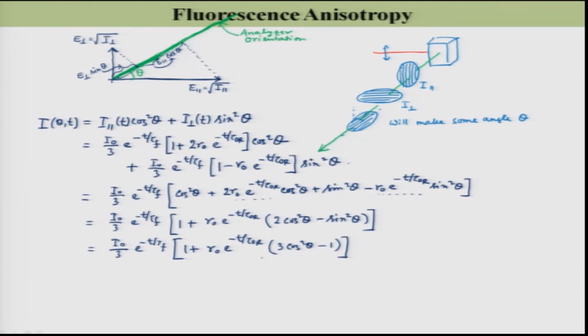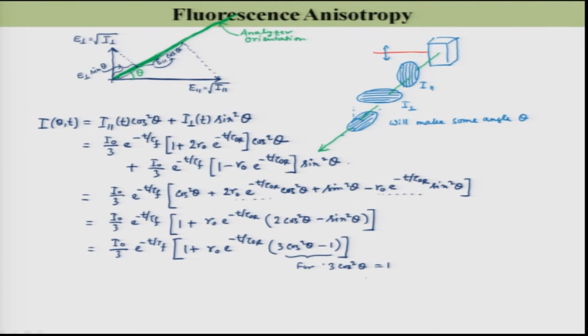Now you see, for a certain value of theta, this 3 cosine square theta minus 1 value could be 0, right. If so, what will happen? This is 0. Okay, let me write for 3 cosine square theta equal to 1, right.